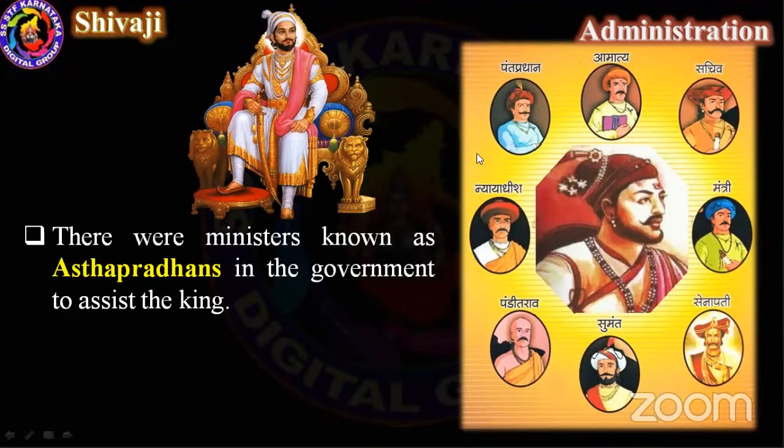First, he is called Amatya, second, Sachiva, third, Mantri, and fourth, Senapati.